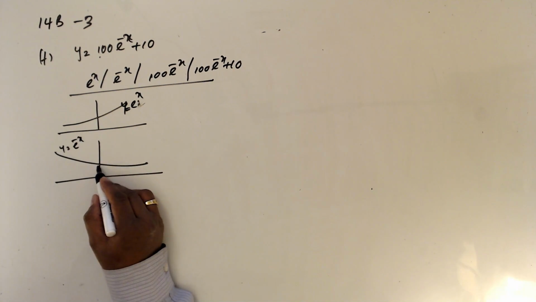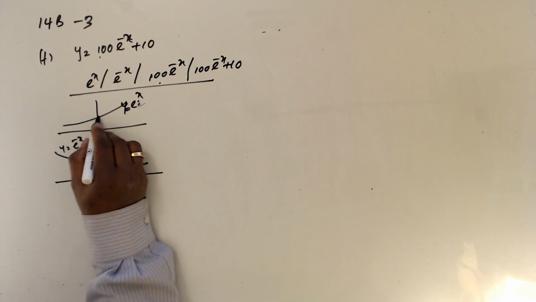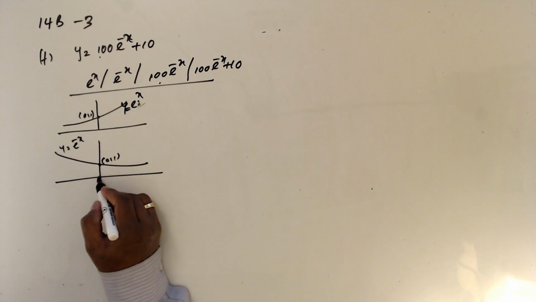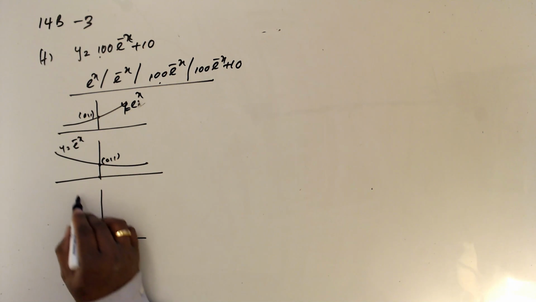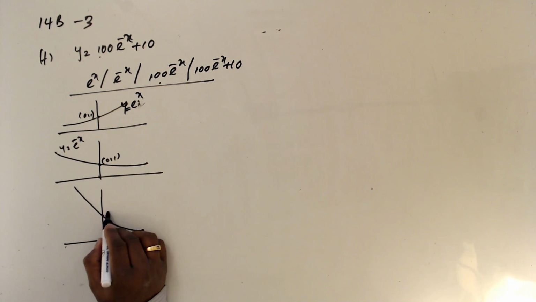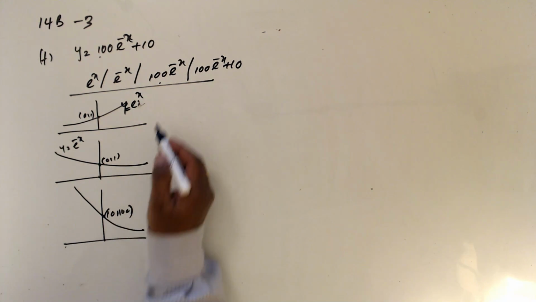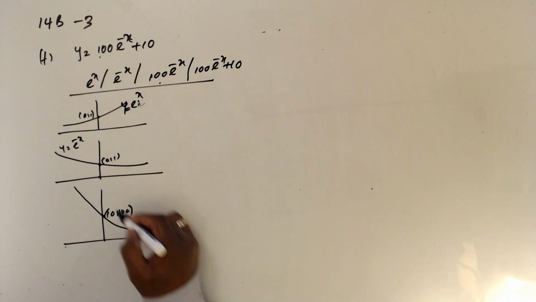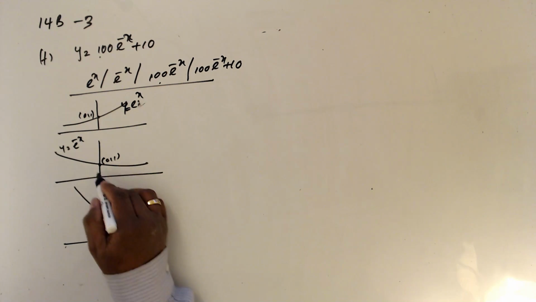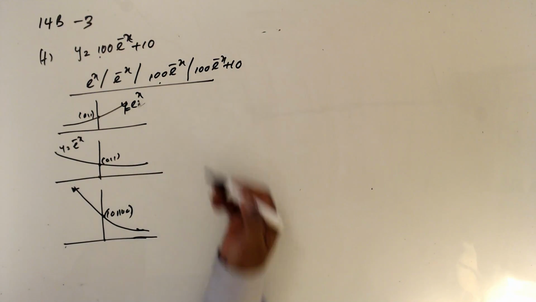Then this is 100 times, so this is (0, 1), this is also (0, 1), so this is a vertical shift, so this is going to be (0, 100). When x equals 0, e^0 is 1, this is going to be 100, the same graph. And now I want to shift this one up by 10.